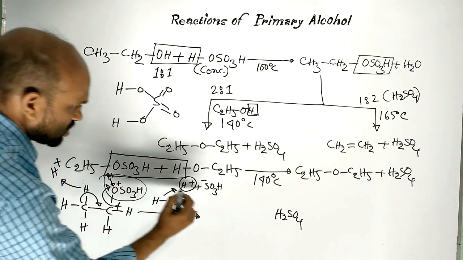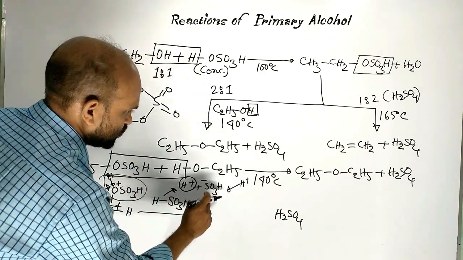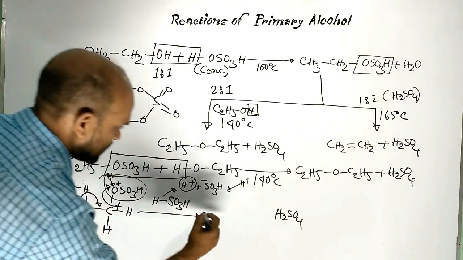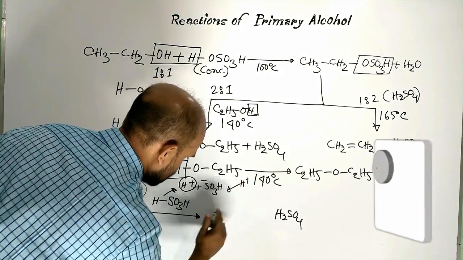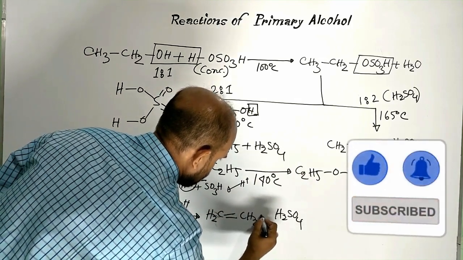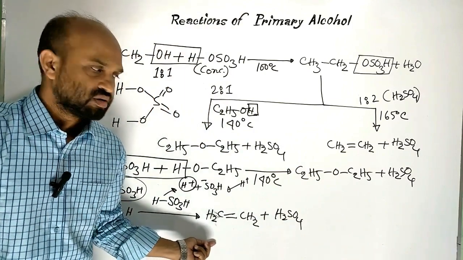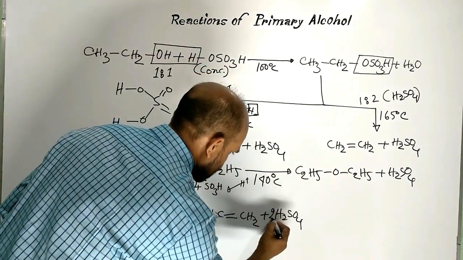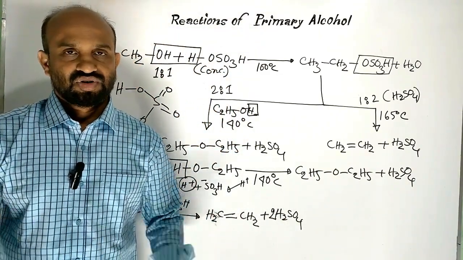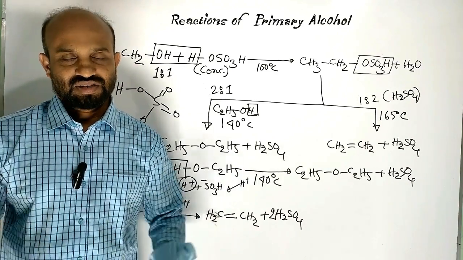This proton combines with this bisulfate ion to form sulfuric acid, and from this we get ethylene. Ethylene is obtained when sulfuric acid is double than ethanol. Reactions of primary alcohol with concentrated sulfuric acid. Thank you very much.